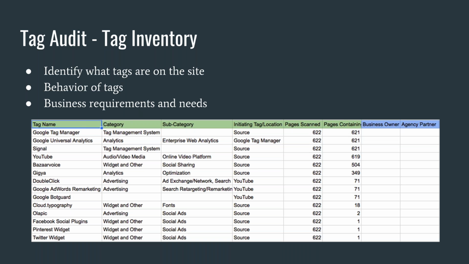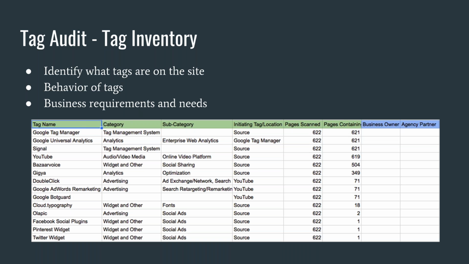Some additional business information that's also very helpful, even as you're going through this audit stage, is being able to identify for each of the different platforms, who is the business owner? Is it maybe requested, or is that platform or tag managed by an agency partner?